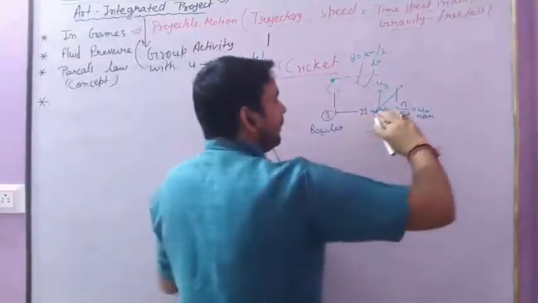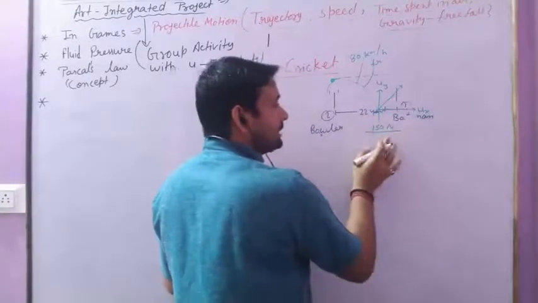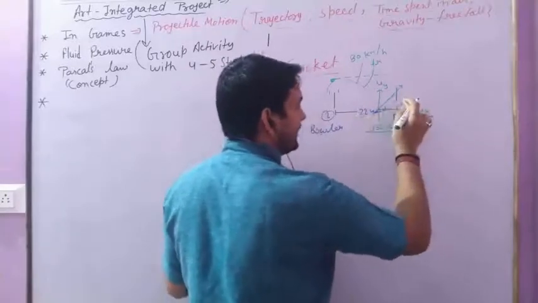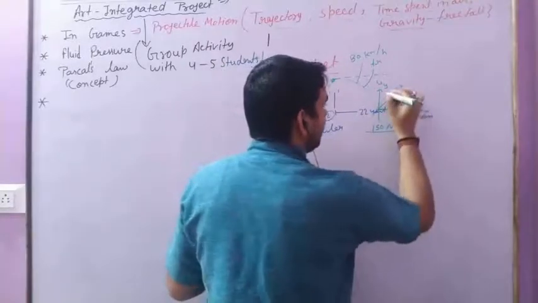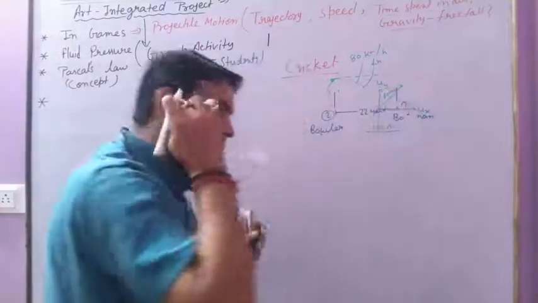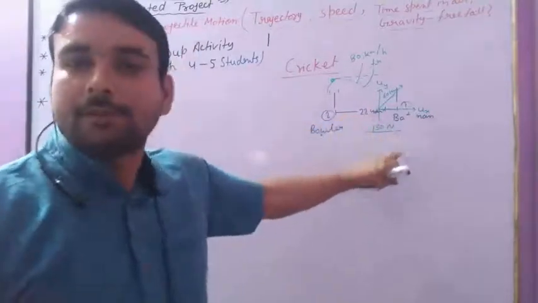And then the earth reacts with the same force, and the ball after hitting the ground moves towards the batsman with a speed of 60 kilometers per hour, because some energy is spent applying a thrust to the ground.